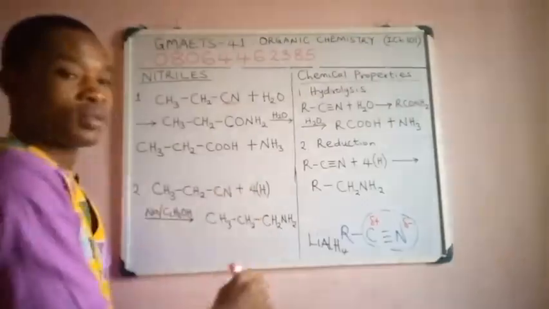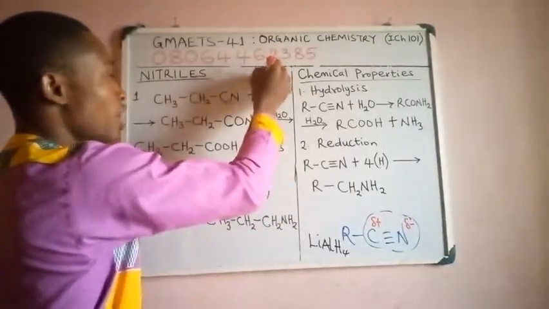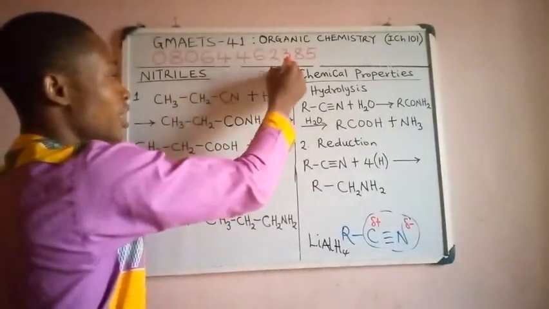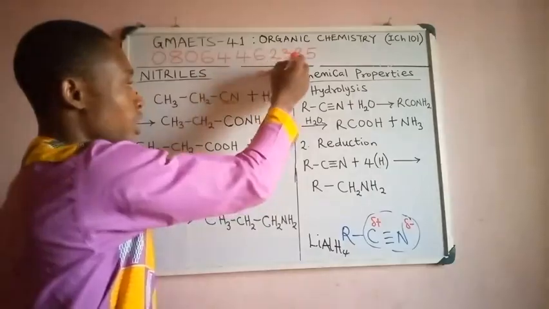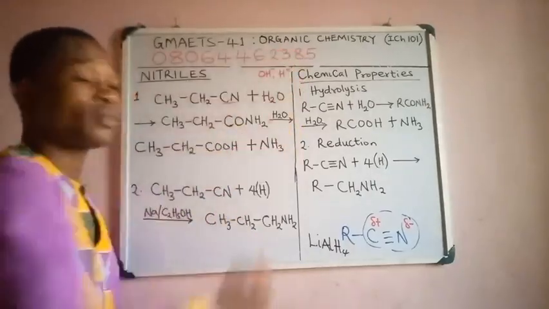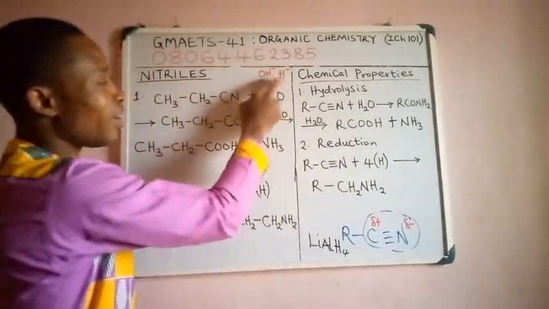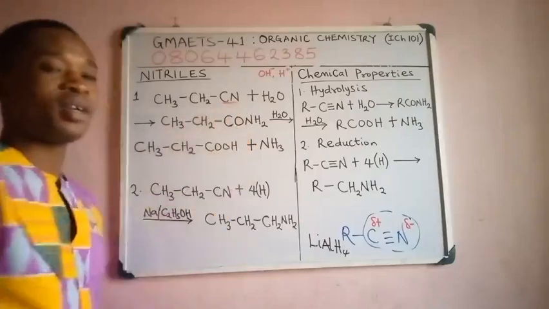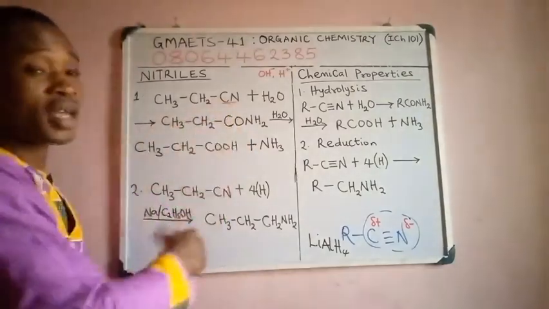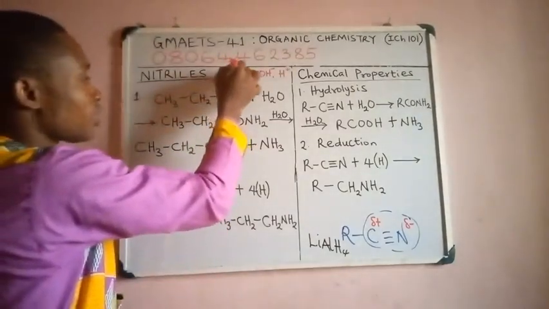Now, this water will split into OH and H. That's hydroxide ion and hydrogen ion. So it splits into this. Then these are 2 atoms. These 2 atoms will attack the carbon of the functional group, that is the cyanide. The cyanide is something like this.